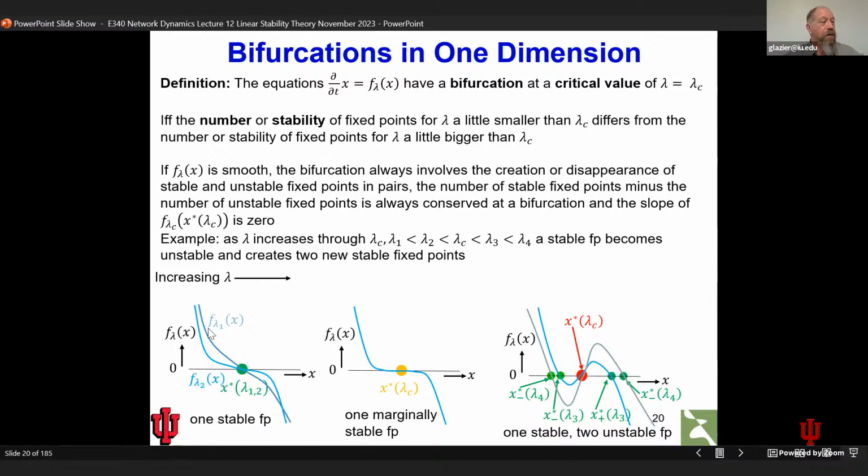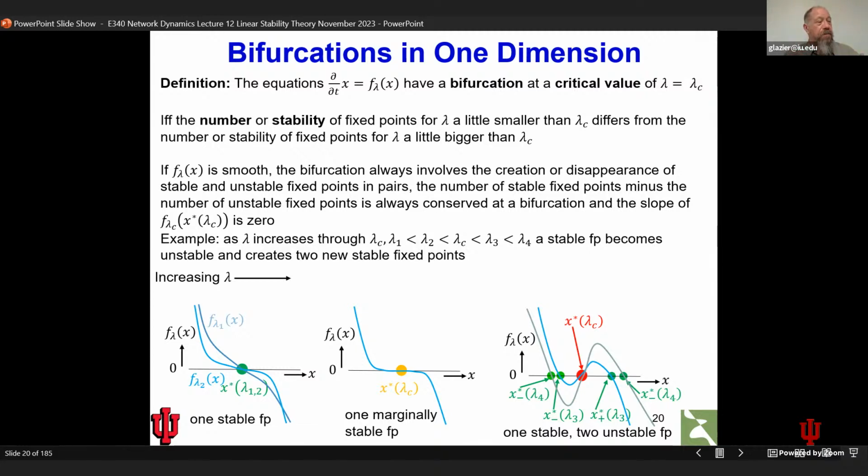So here's f of lambda, and it's crossing and it's decreasing. So I have a stable fixed point. And now, as I increase lambda, I begin to get a kink. Imagine that I have, say, a cubic function that is pulling my line to make it look a little bit like a chair.